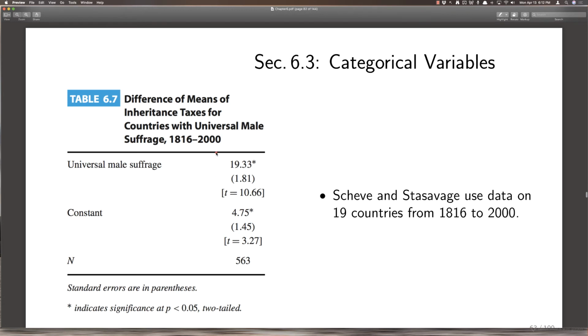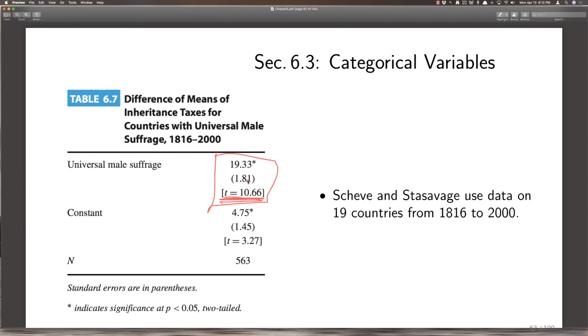So here's the result. What is this? This is the difference between being in the 0 group, not having universal male suffrage in a particular year, and being in the 1 group, a country having universal male suffrage in a given year. It is statistically significant, and the difference is 19.33%.